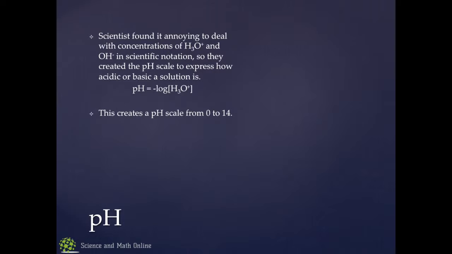Because of the ionization constant of water being 1 times 10 to the negative 14, the values for hydronium and hydroxide can be anywhere from 0 to 1 times 10 to the negative 14. And when you take the negative log of that, that gives you values between 0 and 14.